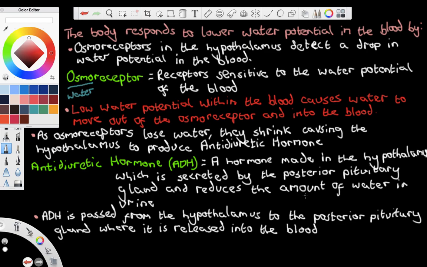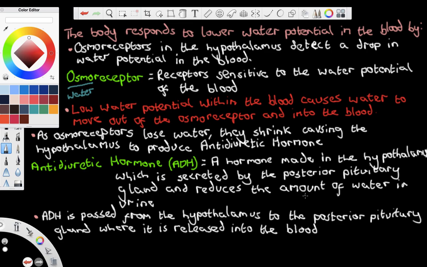As the osmoreceptors lose water, they shrink and cause the hypothalamus to produce antidiuretic hormone, or ADH. ADH is a hormone made in the hypothalamus which is secreted by the posterior pituitary gland and reduces the amount of water in urine. ADH is passed from the hypothalamus to the posterior pituitary gland, where it is released into the blood.